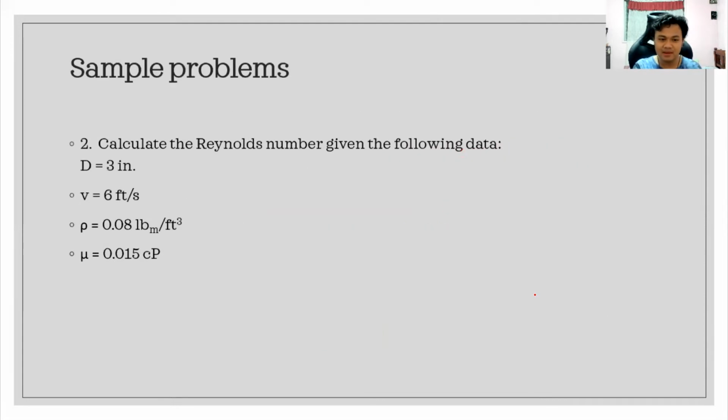So let's solve a problem regarding the Reynolds number. The Reynolds number is equal to "magtanim ay dV rho over mu." So let's see. The diameter is 3 inches, and our velocity is given in feet, and our density is given in feet, and our mu is given in centipoise.